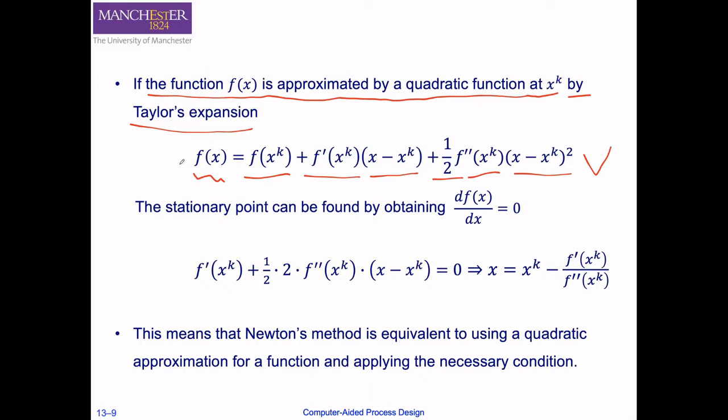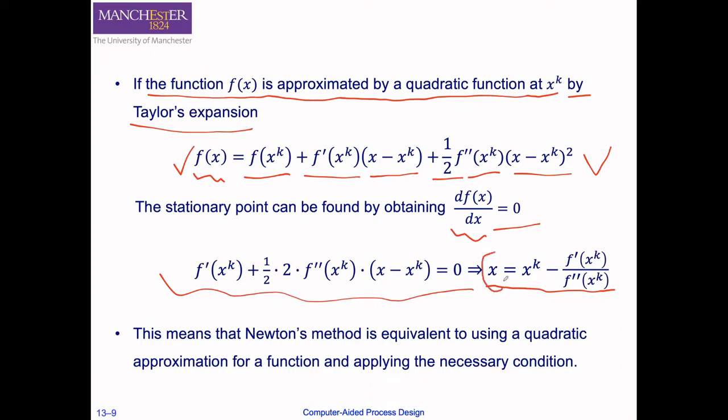If we want to find an optimal for this approximated function, we just obtain the first derivative and let the first derivative be equal to 0, then we can get this one. From this equation, we can get x is equal to xk minus the first derivative of f at xk divided by the second derivative of f at xk.